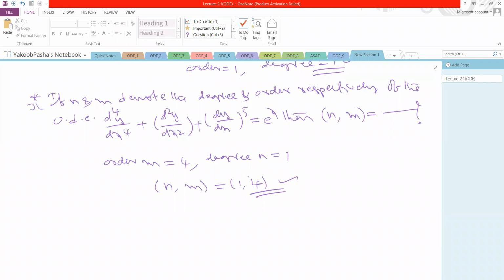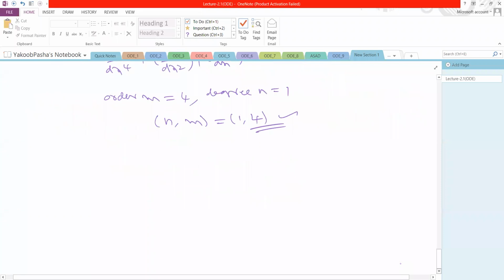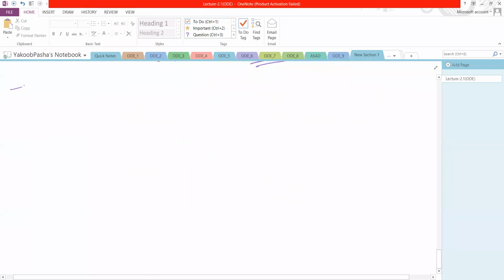The order of the differential equation, it is from PL, Polytechnic Lecturers.